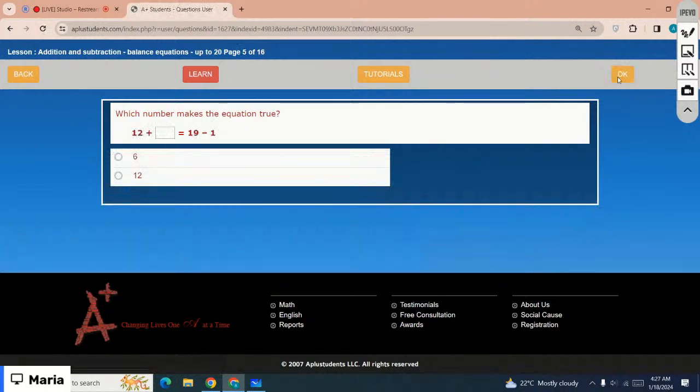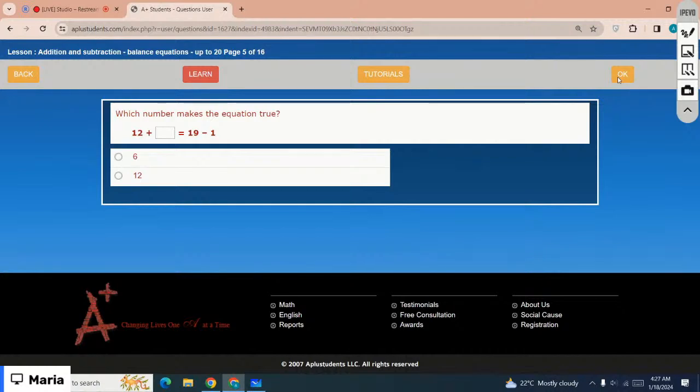Okay, which number makes the equation true?